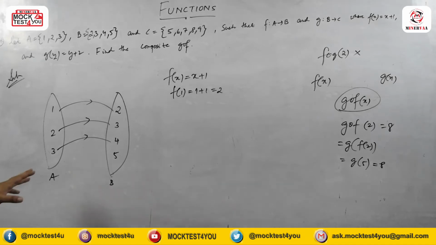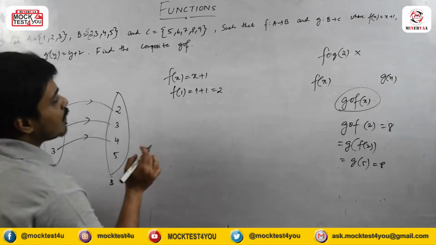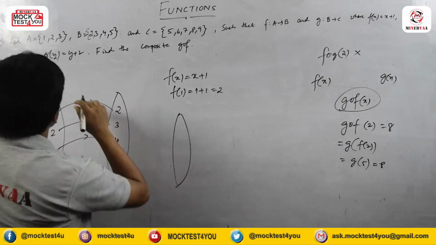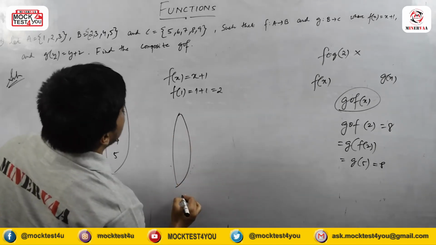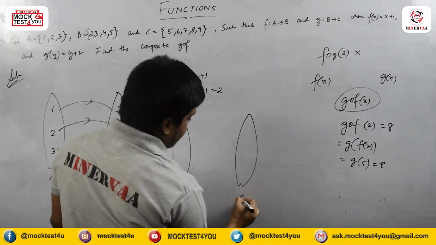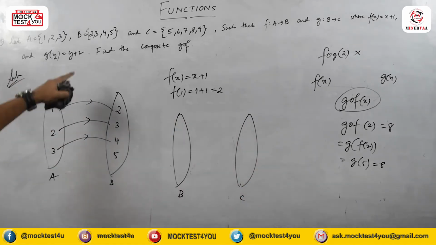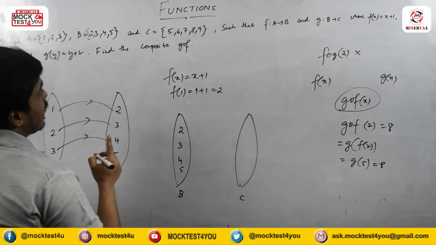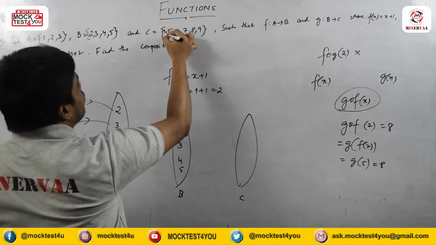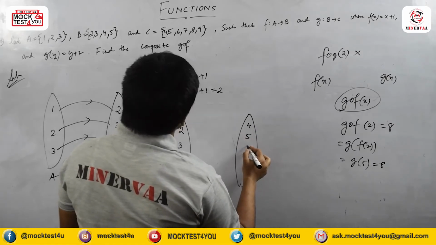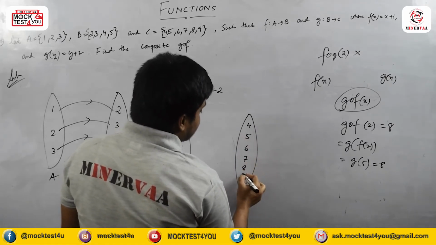Now the next thing you see is the g function. So the g function becomes what? Let us draw this diagram. This is our B, and here we have C. The g function is given by 2, 3, 4, 5 here, and here 4, 5, 6, 7, 8, 9.